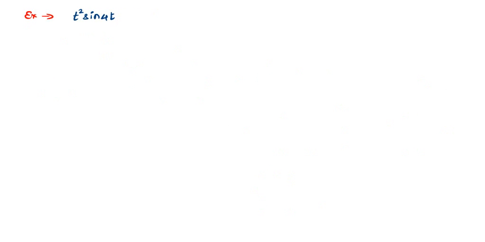Suppose you want to find the Laplace transform of sine of 4t, and this sine of 4t is multiplied 2 times by t. Instead of solving directly for 2 times, we will solve one by one. This t square sine 4t, I can write as t into t sine 4t. Firstly I will find the Laplace transform of t into sine 4t.